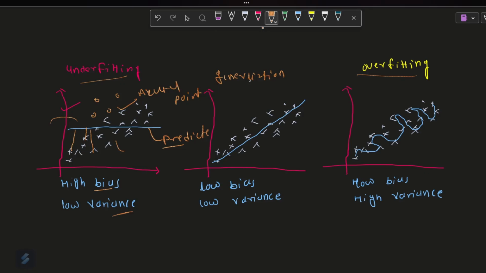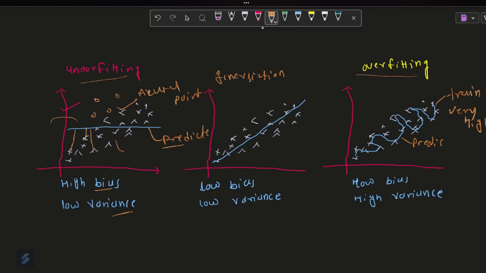You see the data points and the predicted line tries to capture all of them. The training accuracy is very high.